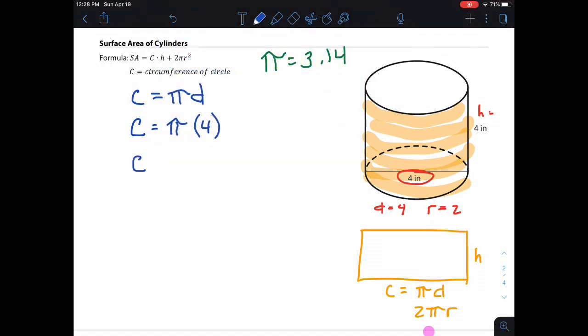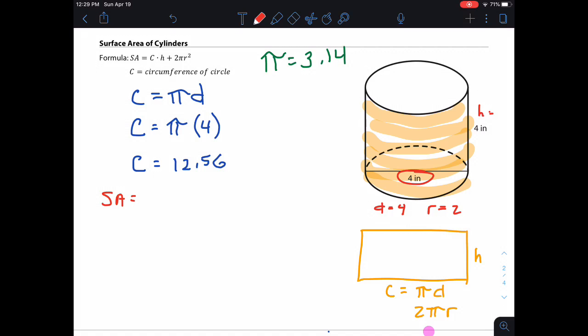So we're going to do that when we find the circumference. So if we take 3.14 and multiply it times 4, in this case, we're going to get 12.56. Okay, so now we can go back to red here. And we can just find the surface area now because we have c, we have h, which is the height, we have pi, we have r, we know everything we need. All right, so the surface area is equal to, my pen doesn't like Notability very much at all.